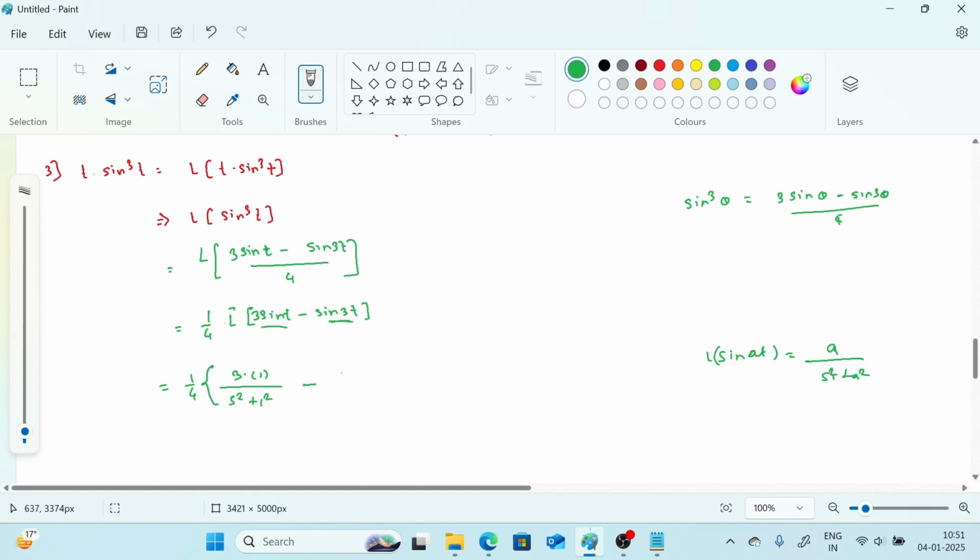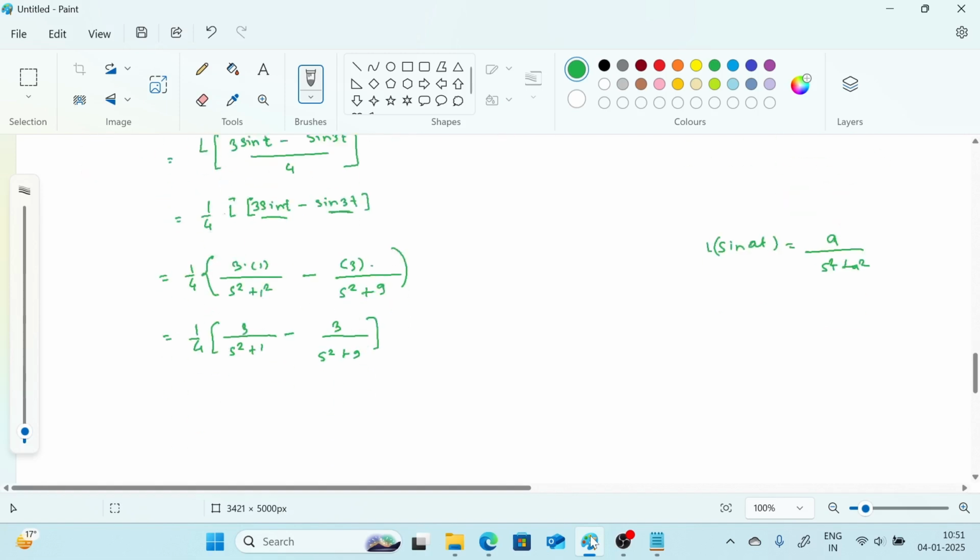It will be a upon s square plus 3 square, 9. I will get 1 by 4 into 3 upon s square plus 1 minus 3 upon s square plus 9.